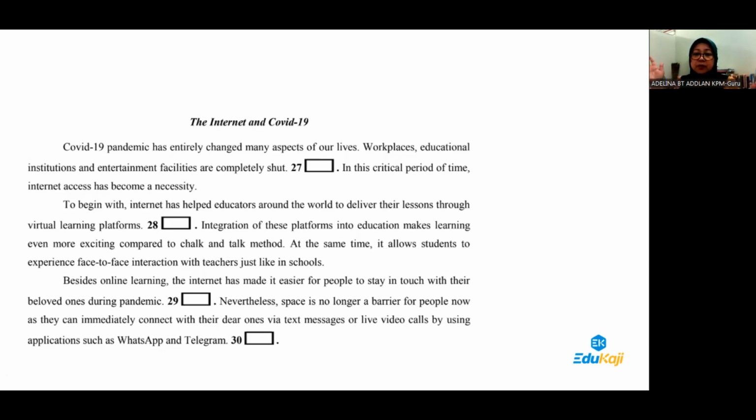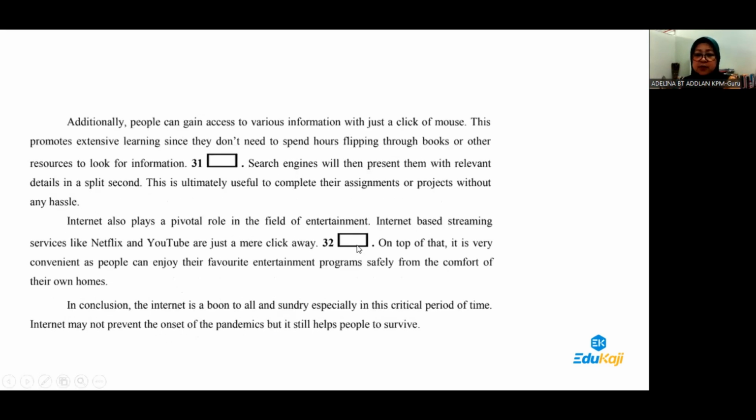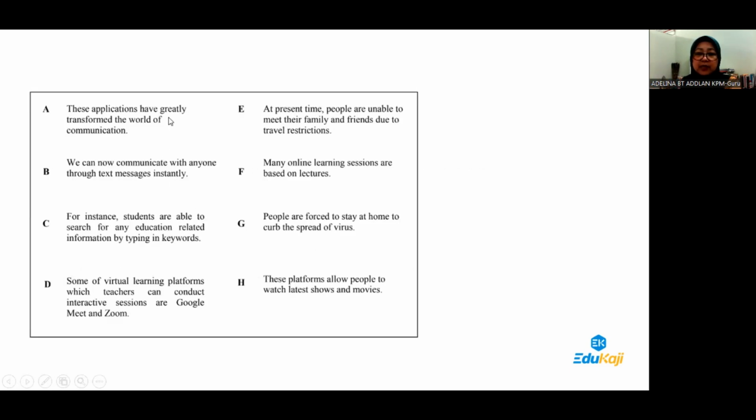So basically everyone is actually well versed with ICT. Okay. So here they will give you 1, 2, 3, 4, 5, 6, 7 paragraphs, but 6 empty spaces for you to fill in with 8 choices of answer.